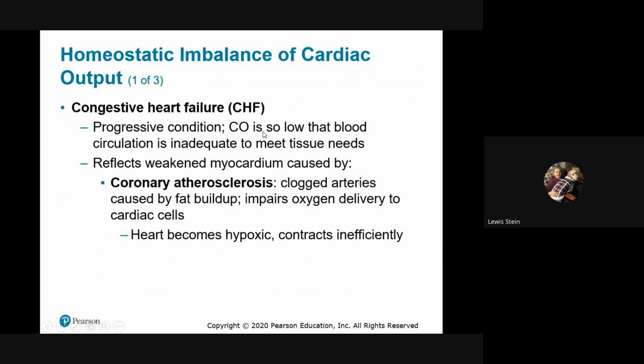Cardiac output is so low that the blood circulation is inadequate. When it's inadequate, okay, we have a great term for it. These are two terms you really have to incorporate for your use, most of you in the field. Inadequate circulation is called ischemia. How do we basically use the term perfusion.